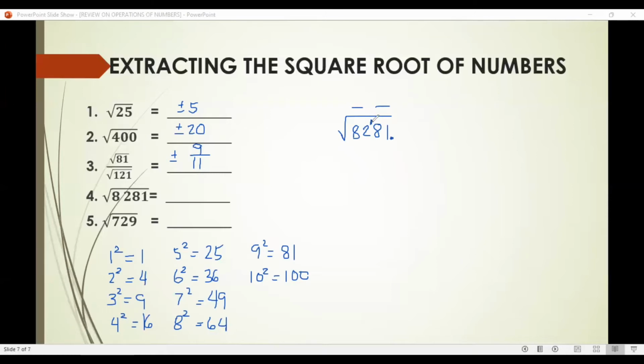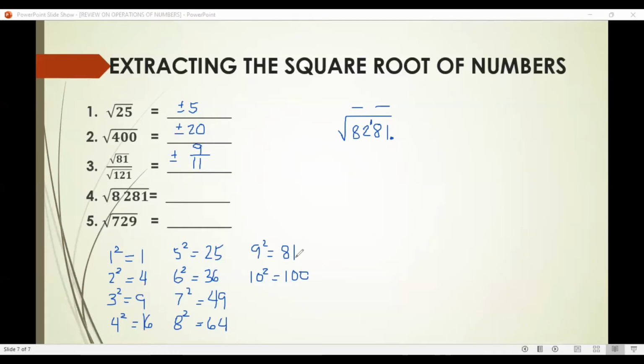So after doing the grouping, the next step is to consider only the first group. So in this case, it's 82. We are going to look for a perfect square which is nearest 82, but it should be lower than 82. So we know that 82 is found between the perfect squares 81 and 100.